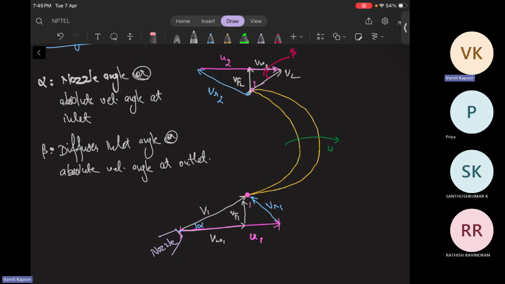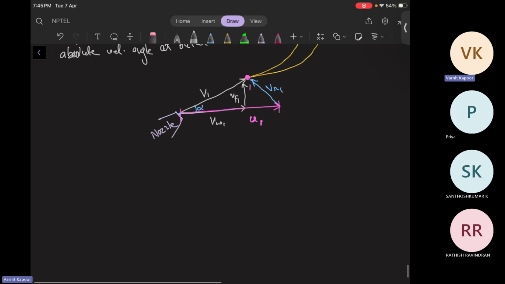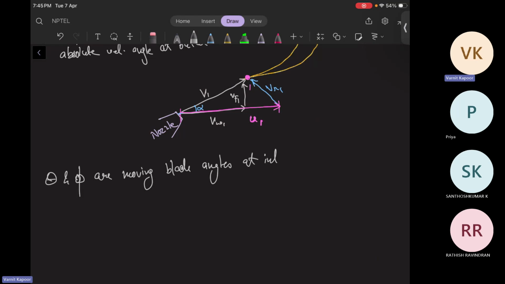Again, there are two other angles. Theta and phi are the moving blade angles at inlet and outlet.